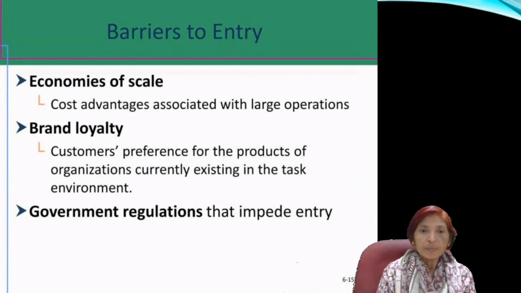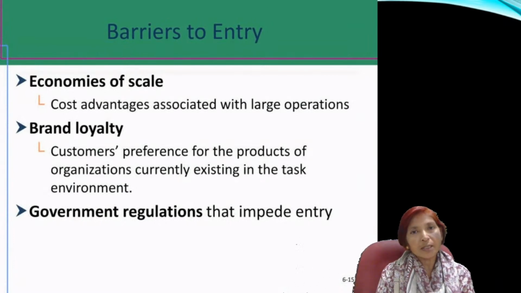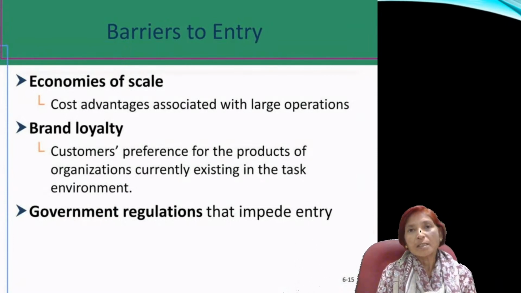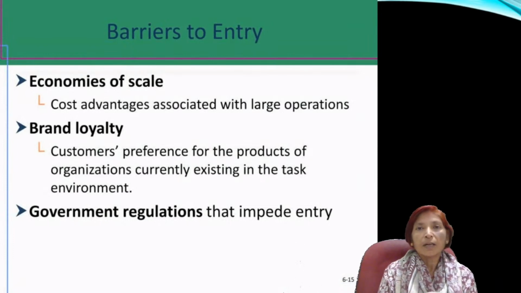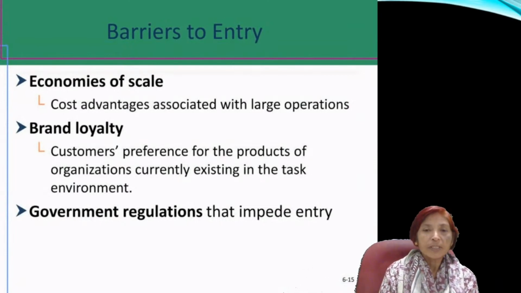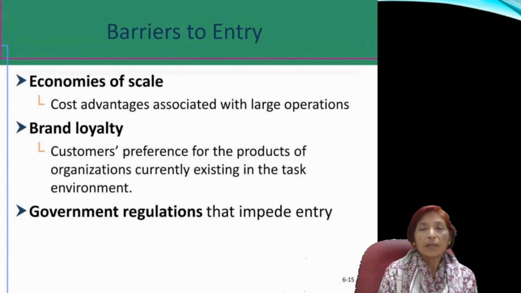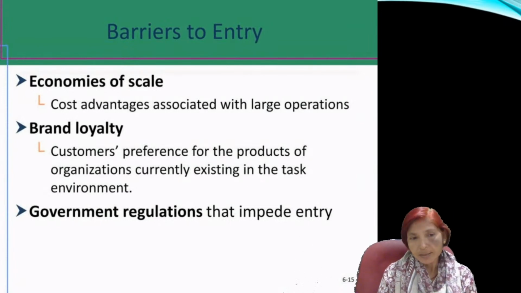Next is brand loyalty. Brand loyalty means customer satisfaction, customers' preferences for the product of organization currently existing in the task environment. If customers generally prefer that product which has good brand loyalty, then other firms will not enter in that market because buyers only want to buy that product which has great brand loyalty, and in buying that product they are getting more satisfaction than others.